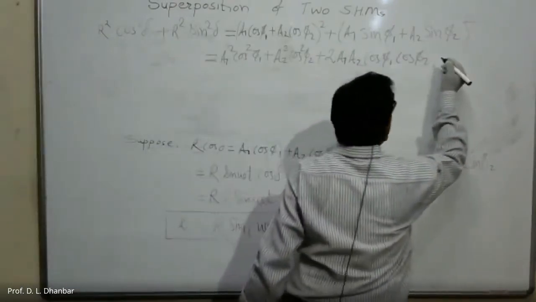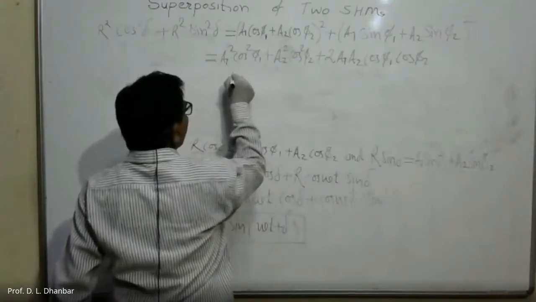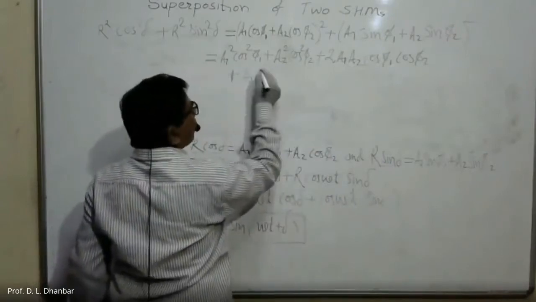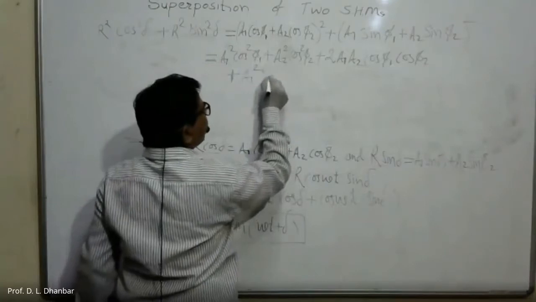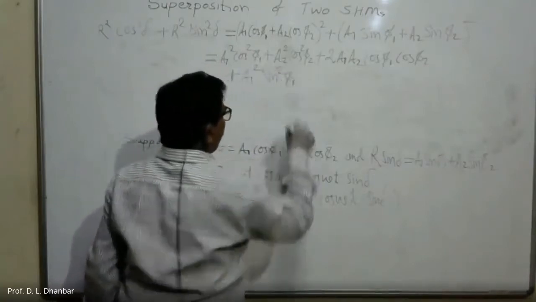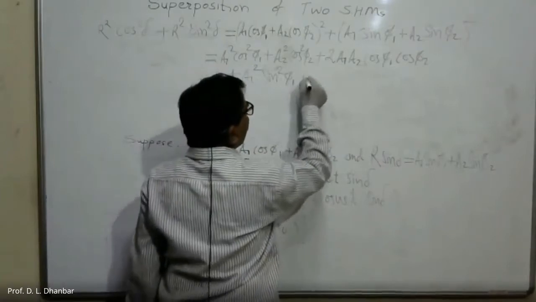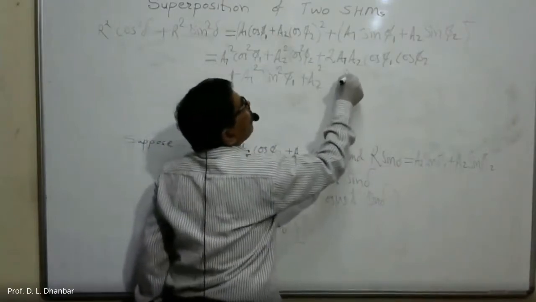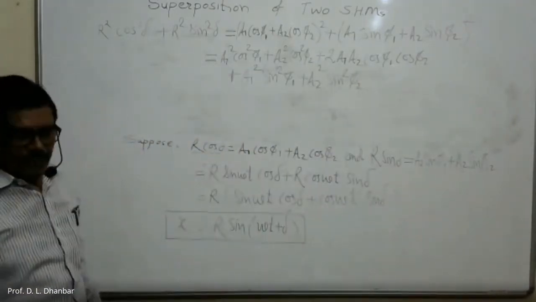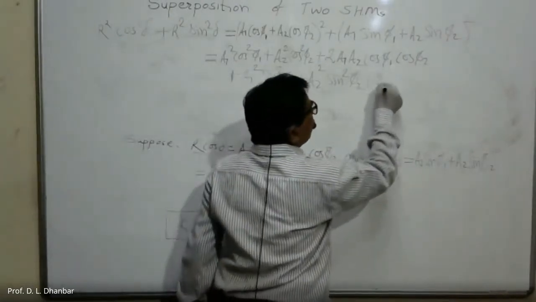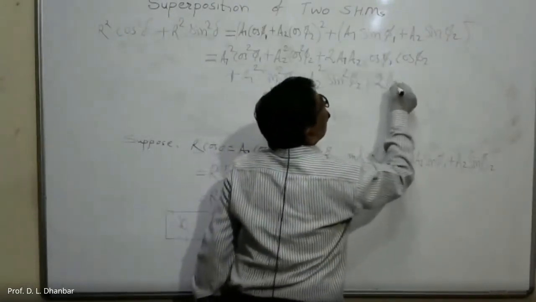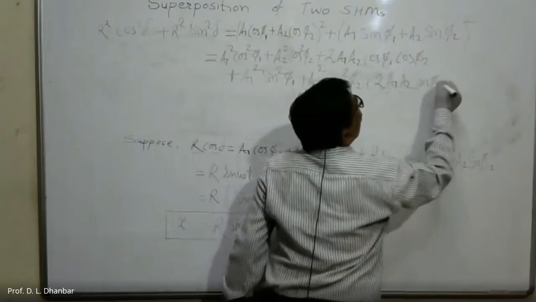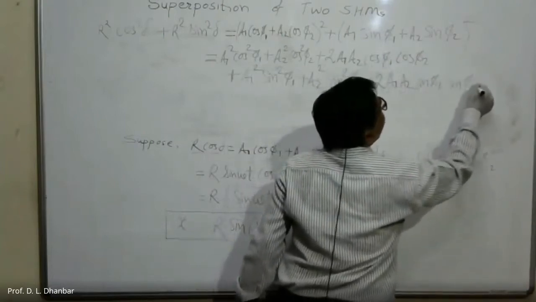The expansion of second bracket will be plus square of the first term, that is A1 square sin square of phi 1, plus A2 square sin square of phi 2, plus 2 times A1 A2 sin of phi 1 into sin of phi 2.